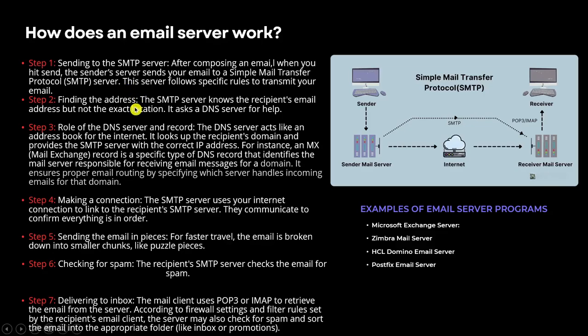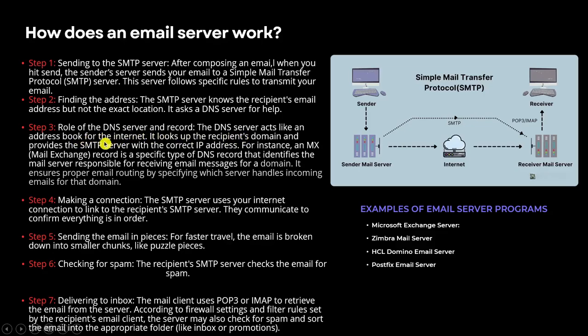Step 2 is finding the recipient address. The SMTP server uses DNS to find the recipient domain, and the recipient domain's MX record will be used to route the email. In step 3 you can see the role of the DNS server and record.